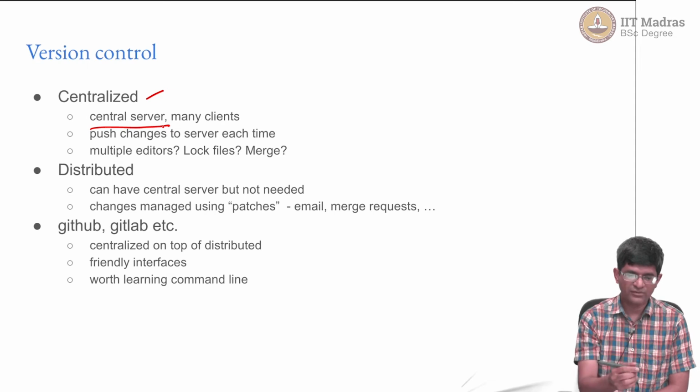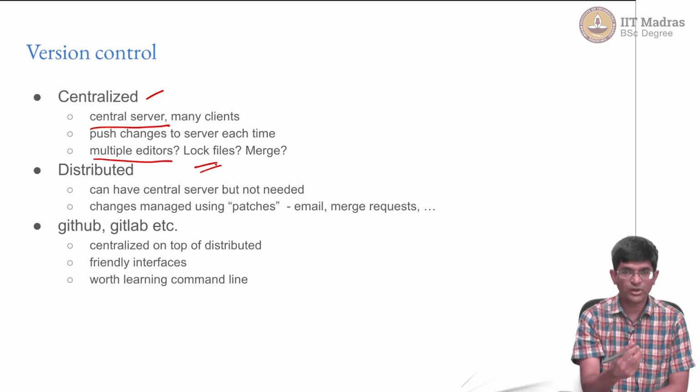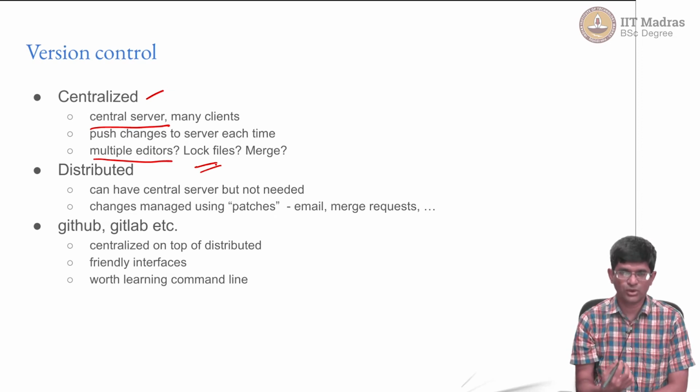And the reason for having this checkout is that what happens if multiple people try editing a file, right? And they did not want that to happen. So what they would do is they would basically say that when you check out code, you are locking it, so nobody else can make changes to it. Now that's good because you make sure that two people don't change the same file in different ways. The problem is somebody might check it out and then forget they checked it out, okay? And nobody else can work on it in the meantime, right?